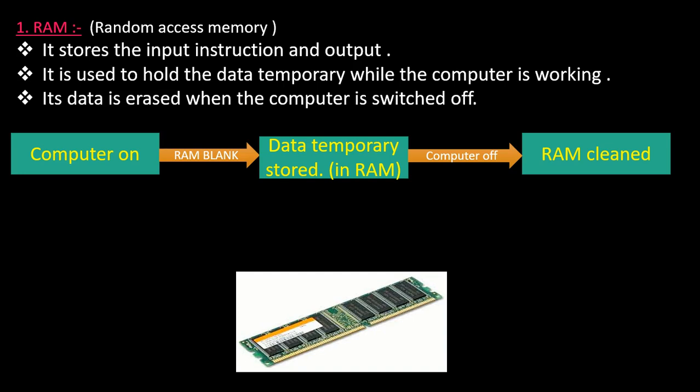The next type of primary memory is ROM. ROM stands for read only memory. It is a permanent memory, and the information once stored cannot be changed. It stores the instructions for the computer to start. For example, can you change the setting for shutting down the computer?